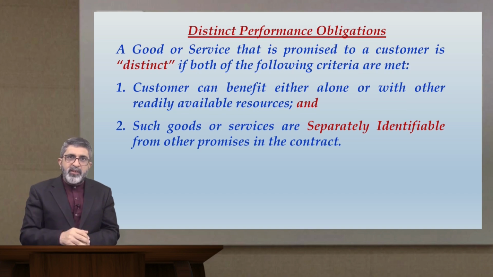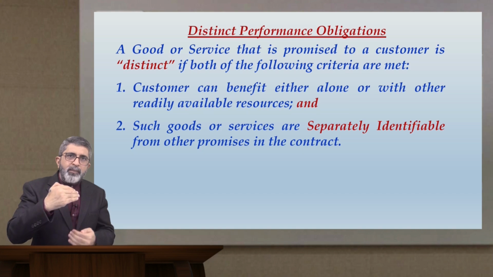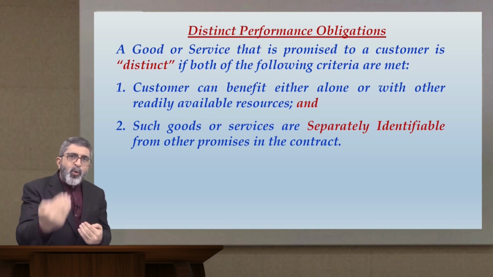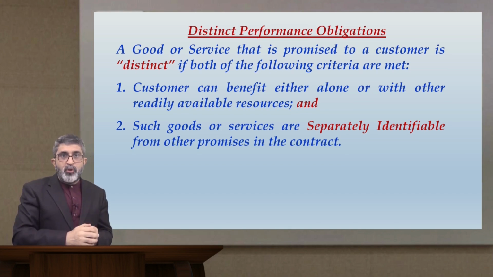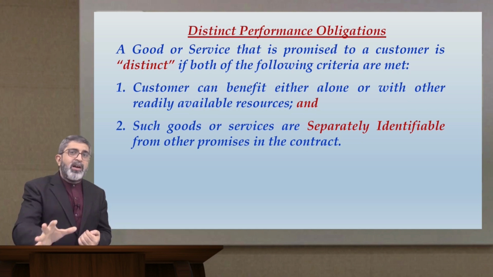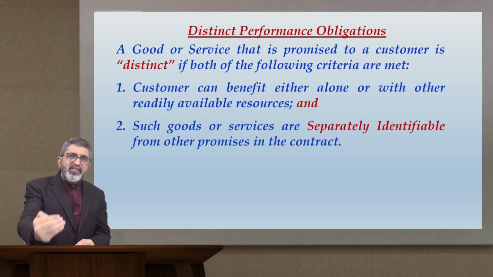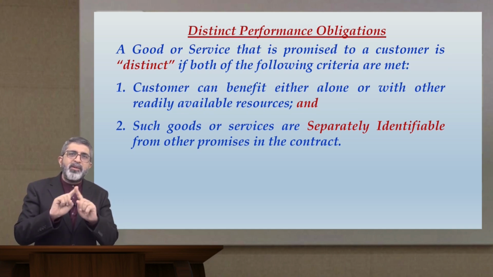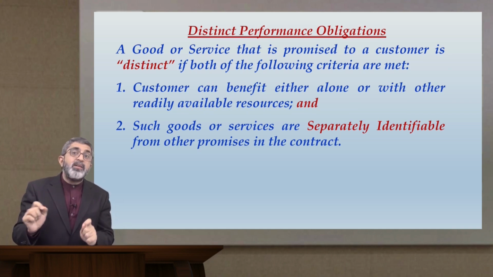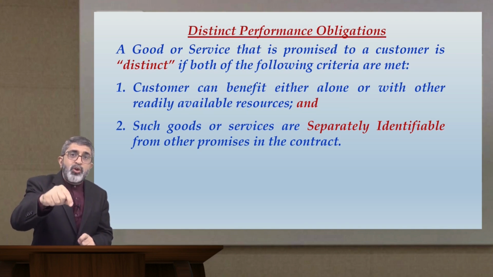Now see what happens. Suppose I have made a contract with you that I'll provide you a car along with a chauffeur. So the chauffeur will be provided along with the car, that is the contract. If only the car is sent to your place, the performance obligation isn't complete, because you cannot use that car without the chauffeur.